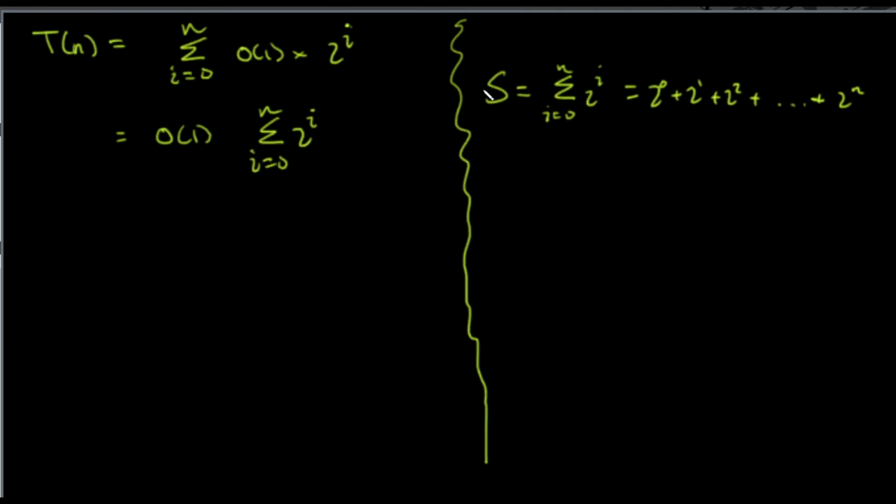And now we're going to multiply S by 2. So what is 2S? Well, 2S is just 2 multiplied by this whole summation.